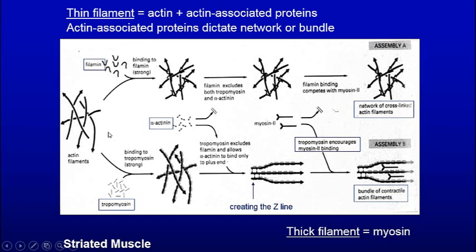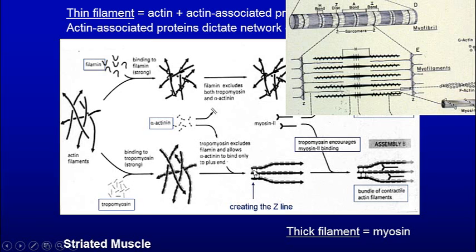But in the case of it interacting with tropomyosin and alpha-actinin, which is what's in the Z line, then they become arranged linearly, as you see, and then how they would interact with the myosin in the middle. So there's bundles of contractile filaments that you see there. They started with the tropomyosin interacting with actin, making them a more linear structure in the Z line or Z disc being developed.